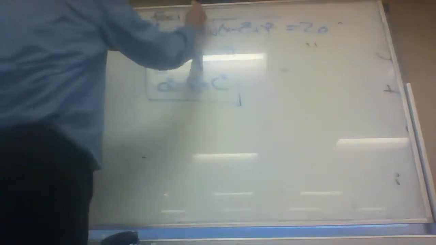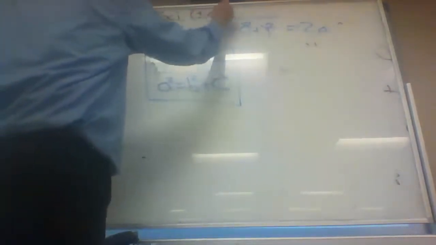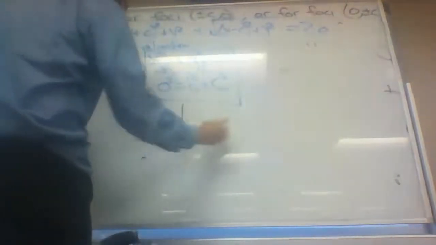Now, furthermore, this was for foci at plus and minus c on the x-axis. What about foci on the y-axis, and it's centered at 0? Suppose it's (0, plus or minus c).